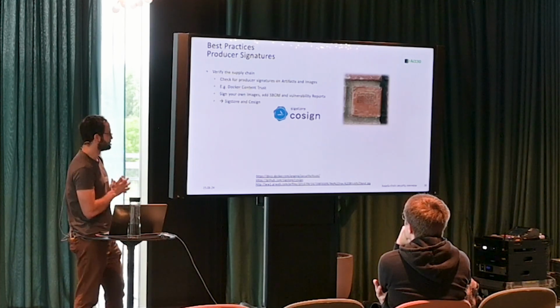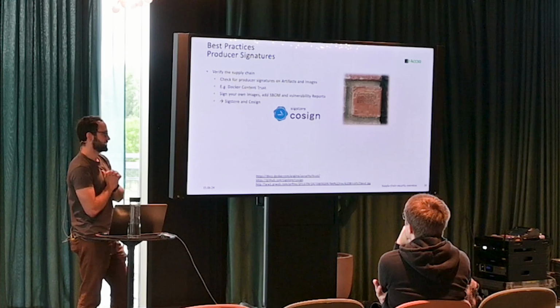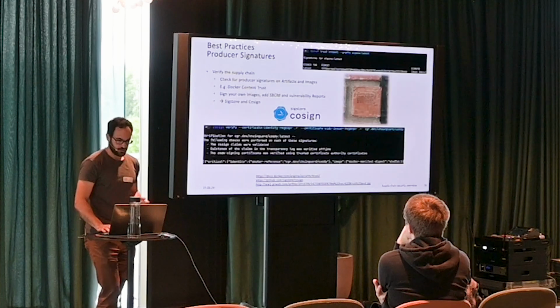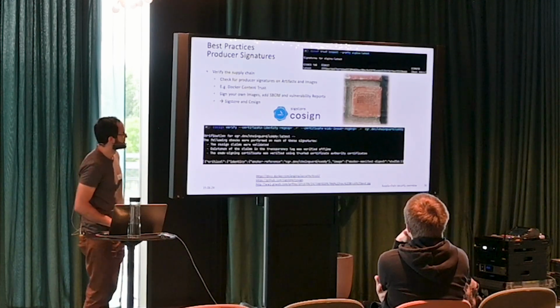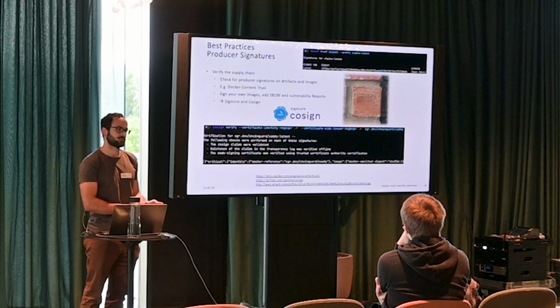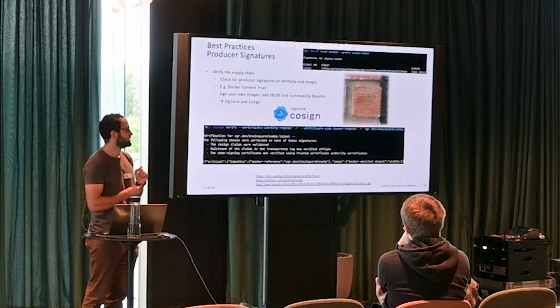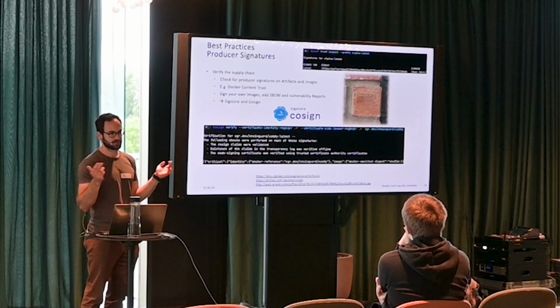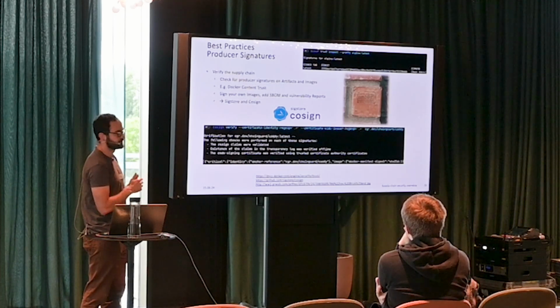So you can check that the vulnerability report is a week old, but it was created by my runner, something like that. As an example, the Docker Content Trust can be inspected with a simple command. You can also have a configuration in your Docker which only pulls images if they have Docker Content Trust, if you're that paranoid about your Docker images, which you should be.